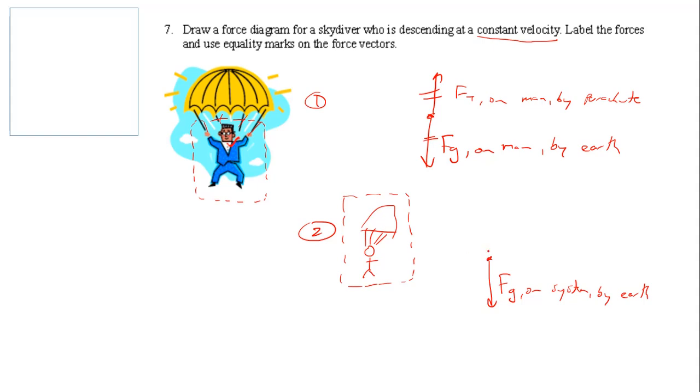The whole system's still moving at a constant velocity, so these must be balanced out. And in this case, on the system, it's the friction on the parachute, by air. So that's two ways of dealing with it. You get a slightly different answer depending on what you choose as your system.